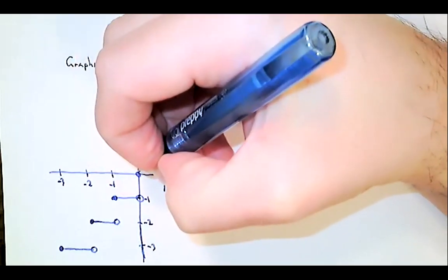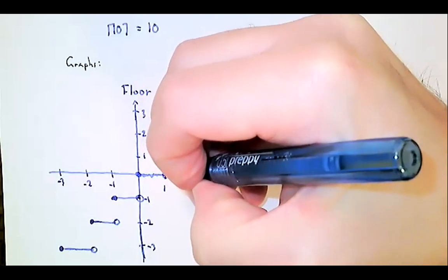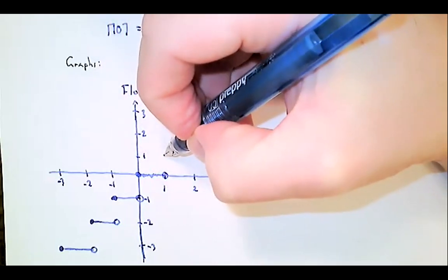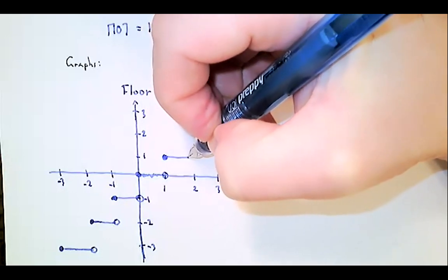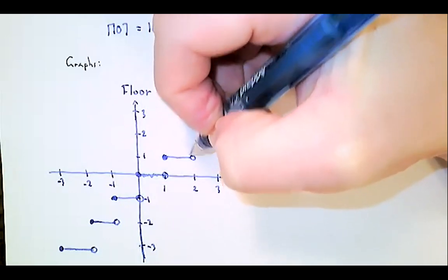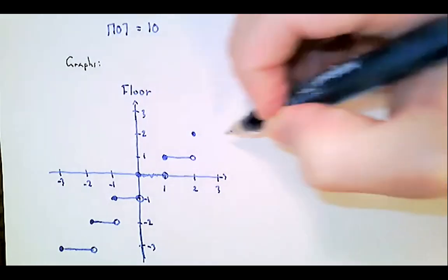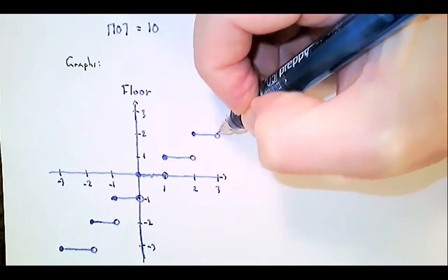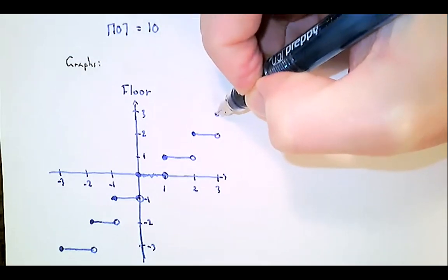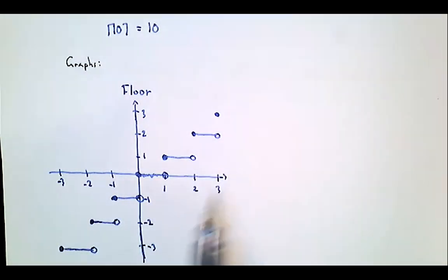So I get this pattern of little horizontal line segments, something like this. And this would just continue if you kept on going off this way or to the left.